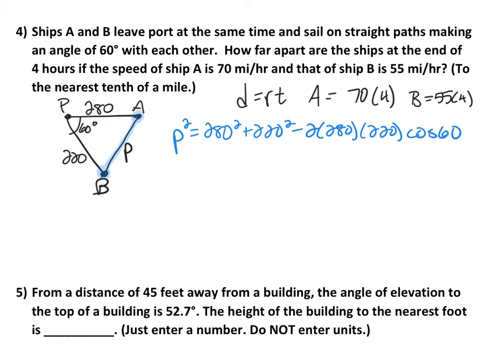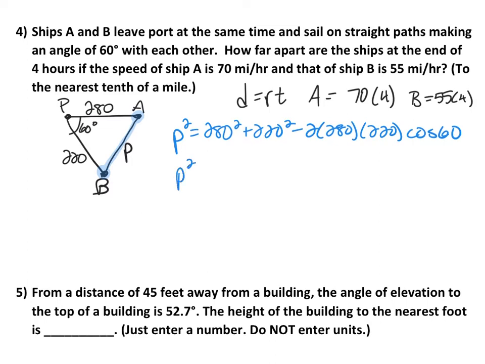And you could actually type that all in your calculator in one step if you want. You do 280 squared plus 220 squared minus 2 times 280, and you could put times 220 in parentheses, times cosine 60. However you want to do it.